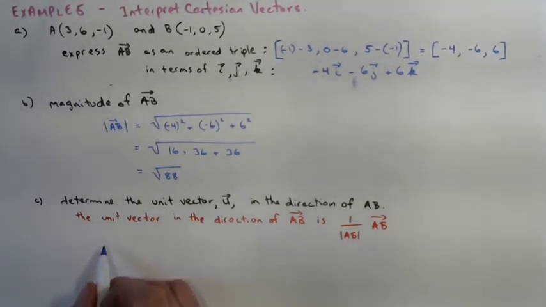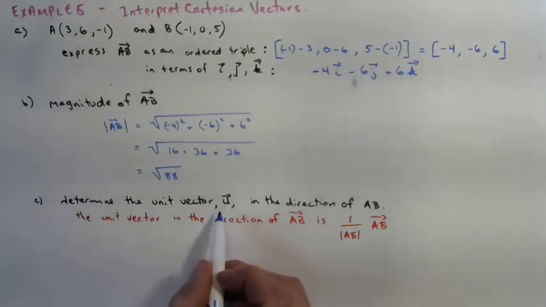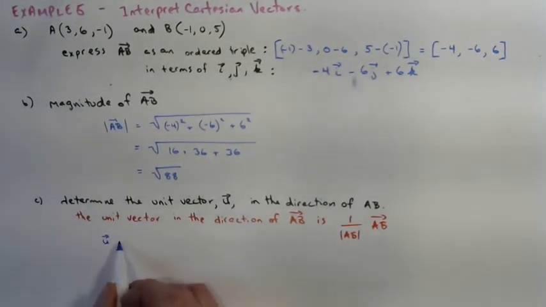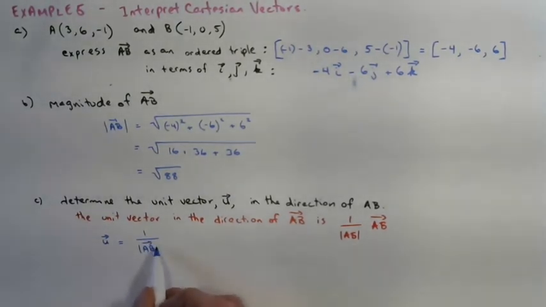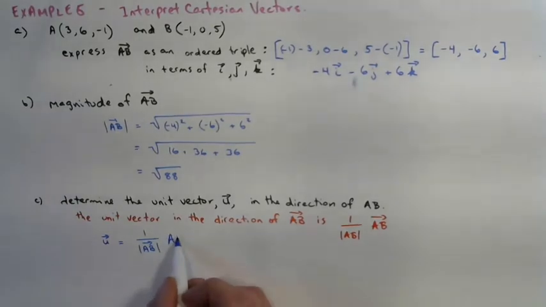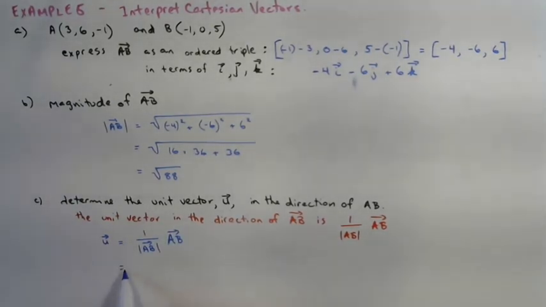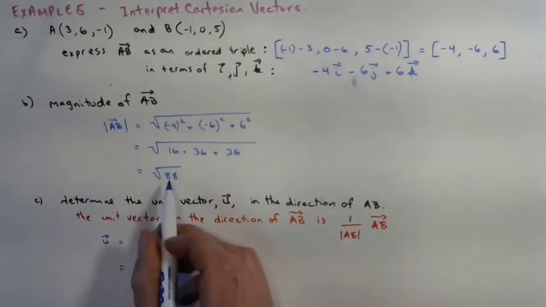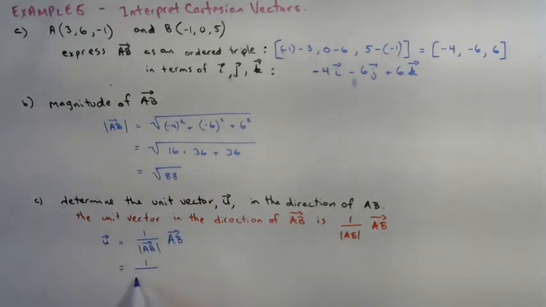So let's look at that. In our case, we're going to let the unit vector be called U, and U equals 1 over the magnitude of AB, times the vector itself. We already figured out the magnitude, it is radical 88, so we've got 1 over radical 88 times the vector itself, which we determined was negative 4, negative 6, 6.